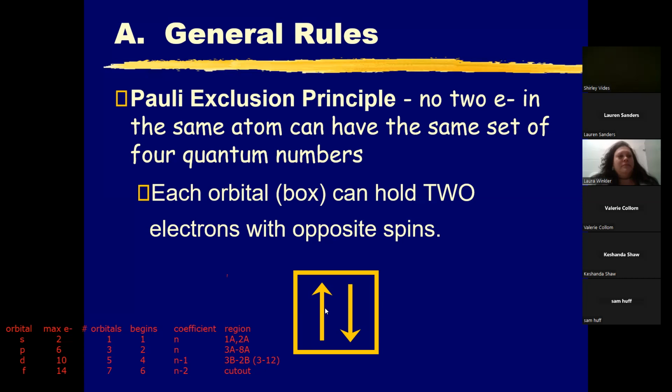This is the one that interests us, because these electrons are both in the same orbital. That means every one of the other quantum numbers is the same except the spin quantum number, which we represent by having one arrow going up and one arrow going down. So that's that one. Let's go to the next one.